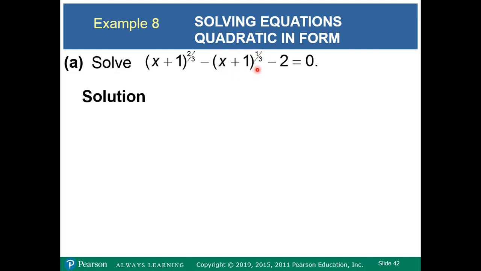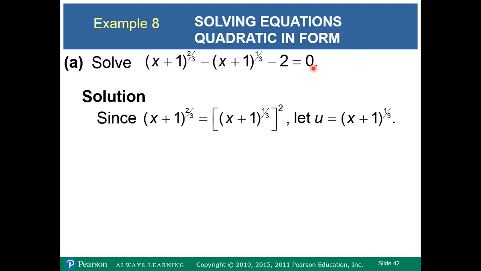Then I'm going to get u here, and this is going to be u squared, and so I'm going to get u squared minus u minus 2 equal to 0, right? So that's exactly what we're going to do. Okay? So this is equal to this squared, right? Which is equal to the middle term. So it makes sense that we're going to use a u substitution.